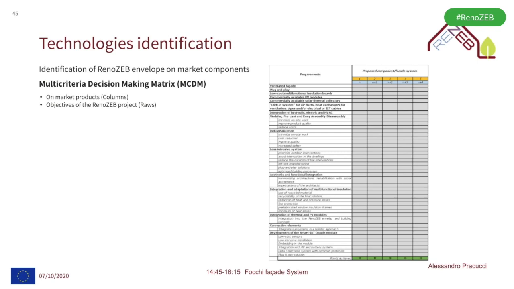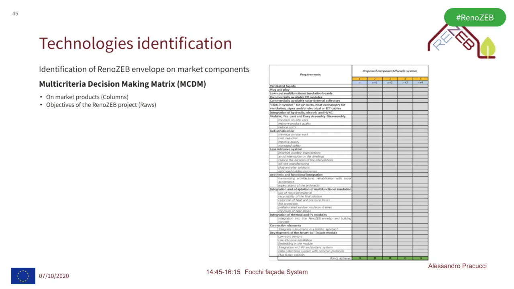We have considered the different products in the columns, and in the rows we have highlighted the elements behind RenoZEB. As mentioned during this morning's presentation, the focus is to have a deep retrofitting prefabricated solution with low intrusiveness, with a high degree of standardization based on market products.